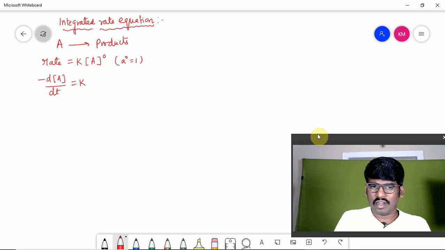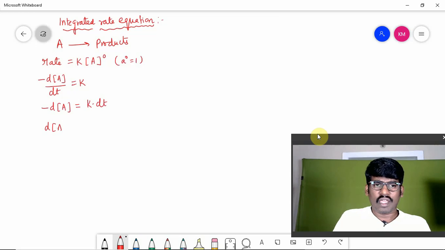The minus indicates a decrease in the concentration of the reactants. So I can write minus dA is equal to K into dt.